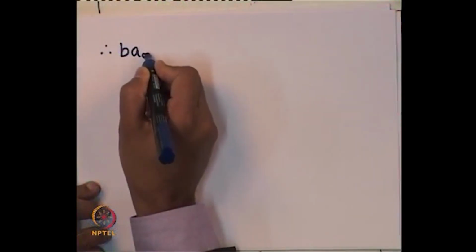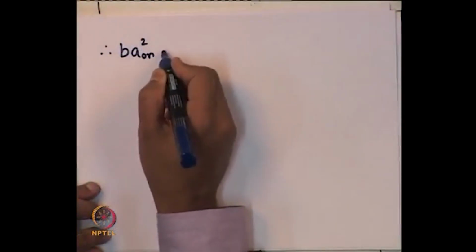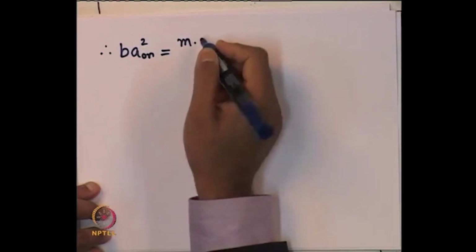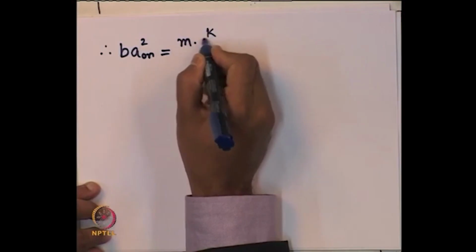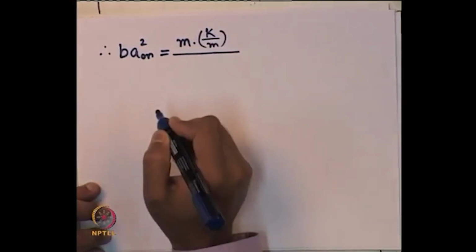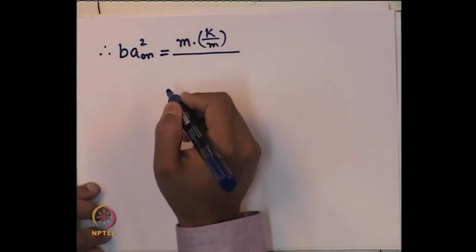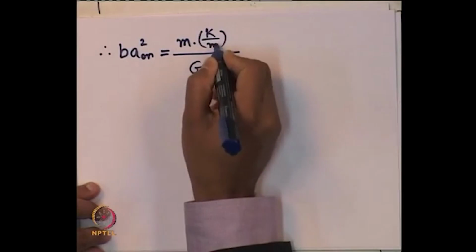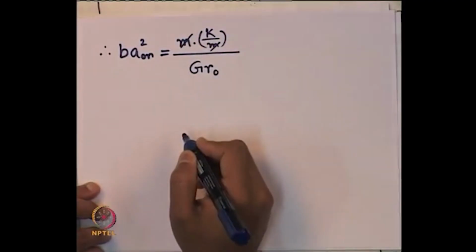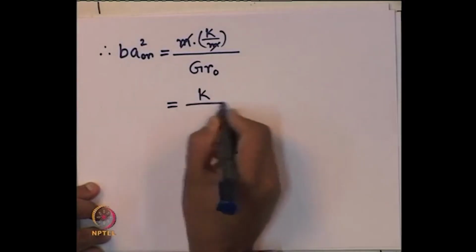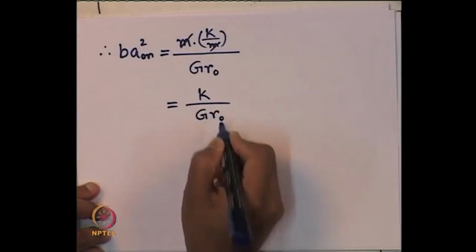Therefore, B A naught n square, on further simplification, becomes m times k by m, because it was omega n square, which we can write as k by m, divided by G R naught. Now, this m gets cancelled. So, what I can write? This becomes k by G R naught.